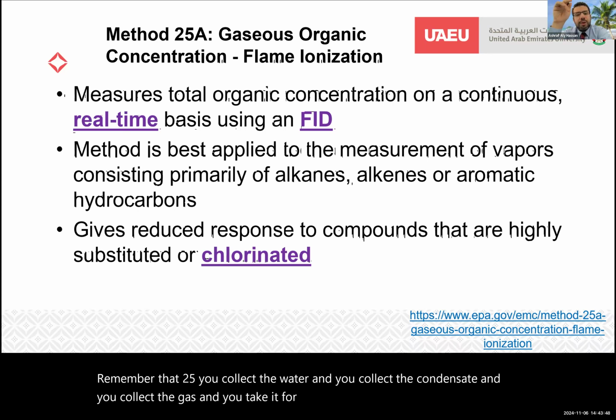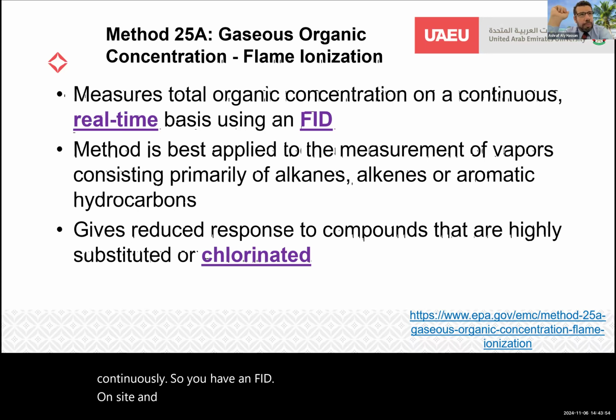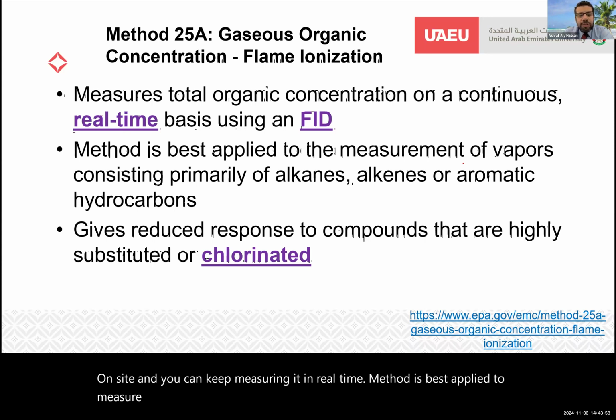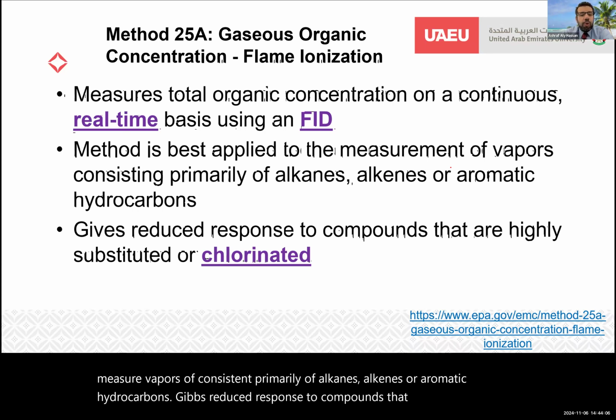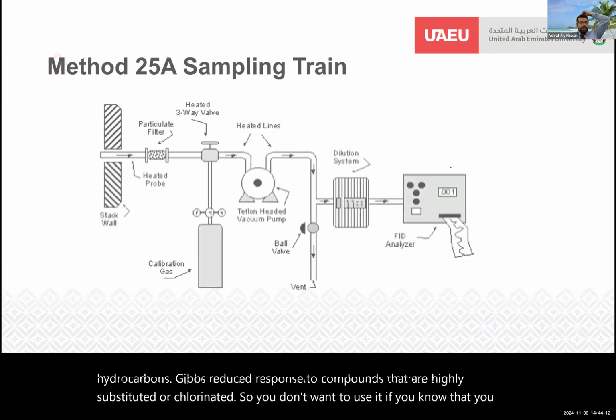But in 25A, you actually do it continuously. So you have an FID on site and you can keep measuring it in real time. The method is best applied to measure vapors consisting primarily of alkanes, alkenes, or aromatic hydrocarbons. It gives reduced response to compounds that are highly substituted or chlorinated. So you don't want to use it if you know that you have chlorinated gas.